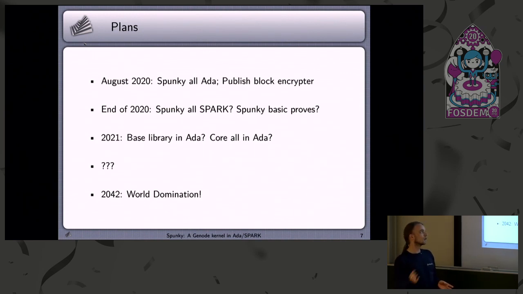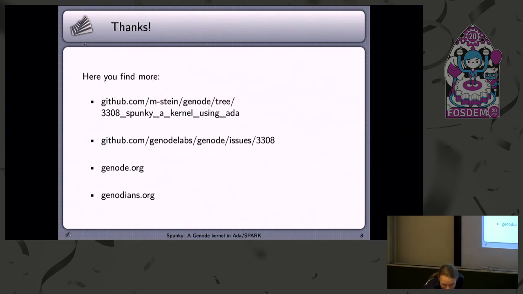And this would also allow me to do another project, namely converting the whole core component of Genode into Ada. This would be really cool because the core component is like the kernel itself, something that everything on Genode depends on. And it would be a nice experiment for me to learn new stuff with Ada and Spark. So yeah, that's it from my side.